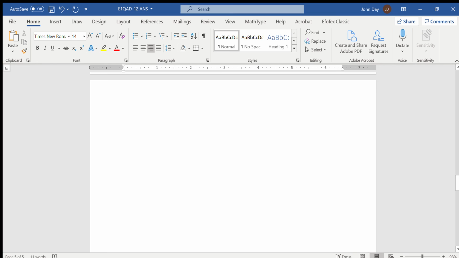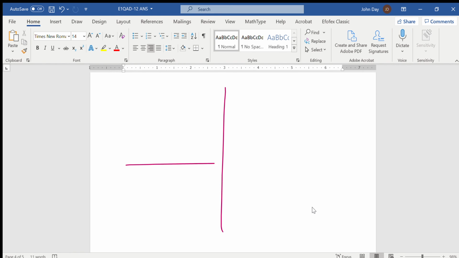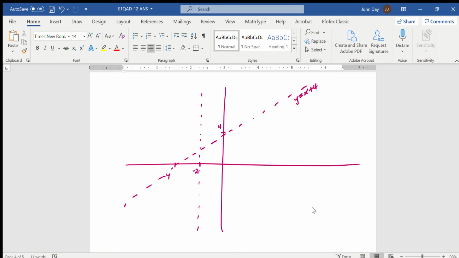All right, to sketch this graph, we're going to have to go up to 4 and over to minus 2. So x equals minus 2 is going to be a vertical asymptote that we found. And we found the line y equals x plus 4, so that'll go through at minus 4 as well. This line here is an oblique asymptote.